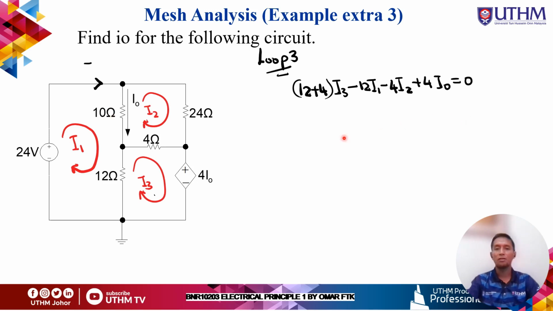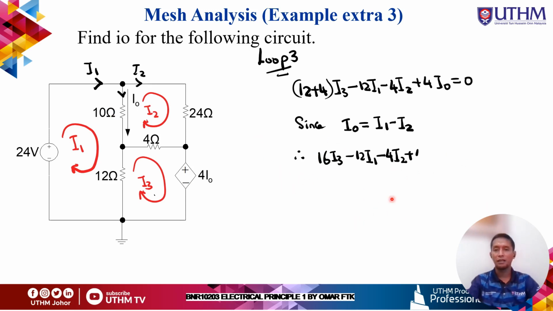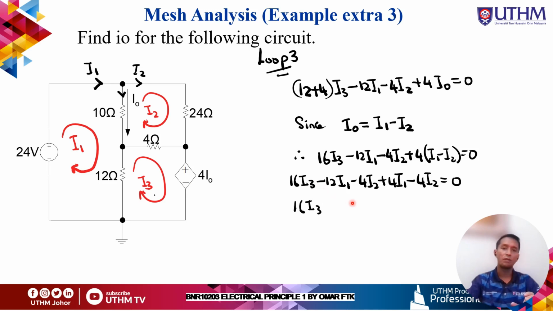So then we can rearrange our equation to be 16 I3 minus 12 I1 minus 4 I2 plus 4 (I1 minus I2) equals 0. So then after that you can simplify this equation. You will have 16 I3 minus 12 I1 minus 4 I2 plus 4 I1 minus 4 I2 equals 0.